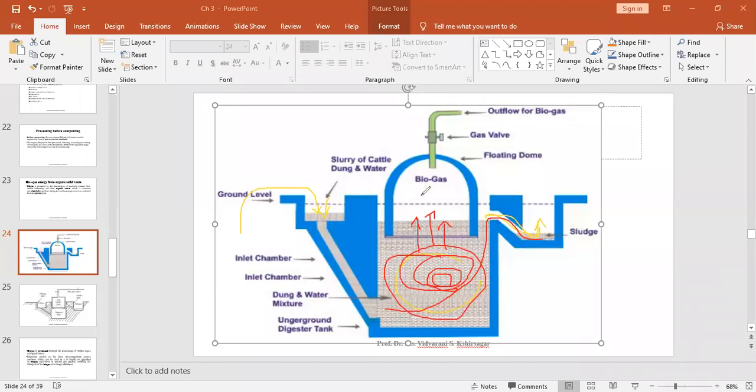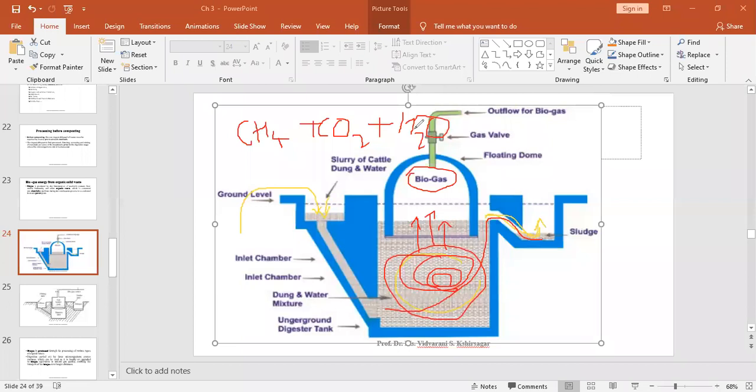That combination of all these gases produced during the decomposition process is known as biogas. Biogas is simply a composition of methane, that is CH4, then carbon dioxide, and then some amount of hydrogen sulfide, H2S. Okay, these are the gases involved in biogas.